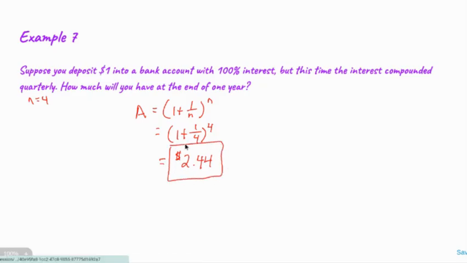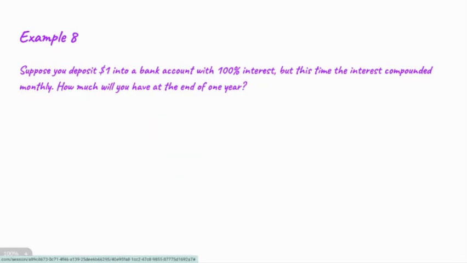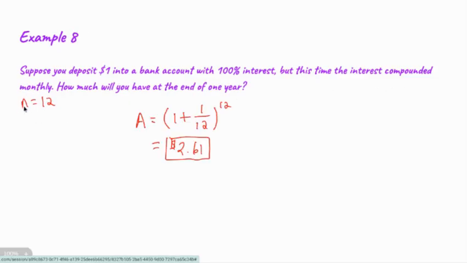Okay. So go ahead, try the next one, which is monthly, after that, which is weekly, and then after that, which is daily. Go ahead, try that, pause the video, and come back and check your answers. All right, so if you compound something monthly, that would be n equals 12, and you get $2.61.